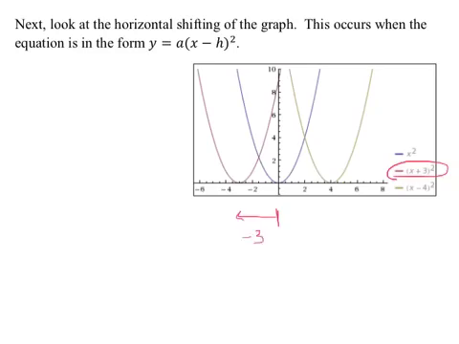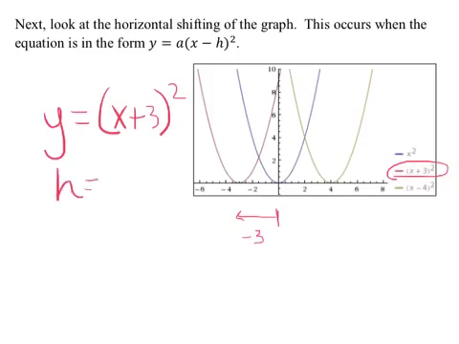So what you notice for this problem here, we have this. What's the h value in this problem? What is h? Is it -3? Very good. Because this should really be written like that.